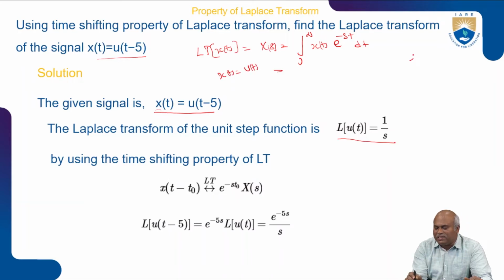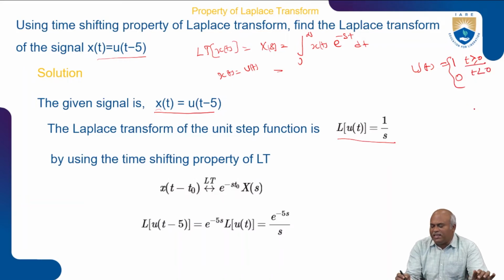We know u of t is equal to 1 when t is greater than or equal to 0, and 0 when t is less than 0. This is the way. So t greater than or equal to 0 means 0 to infinity.